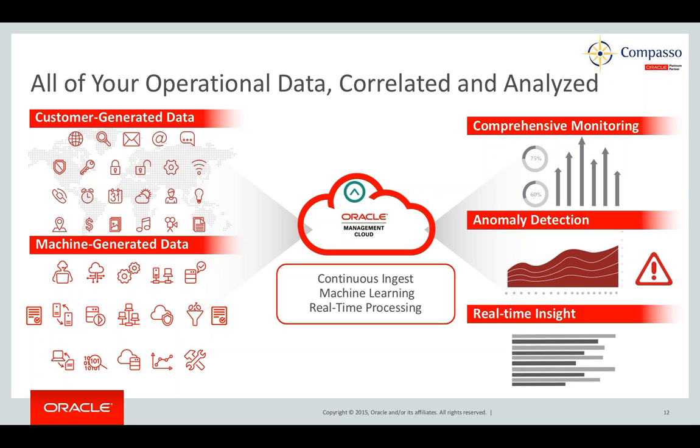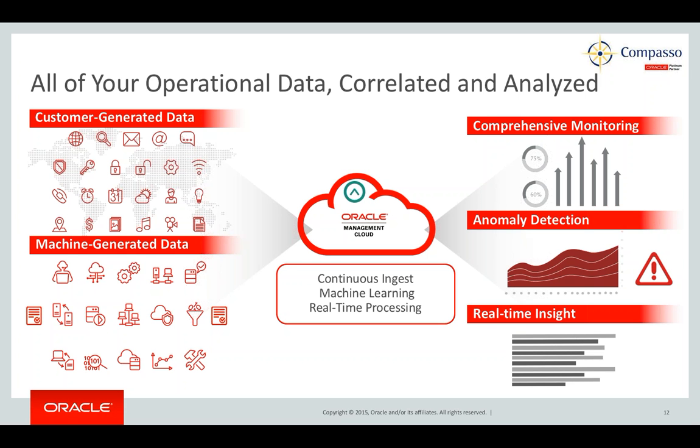So what you're doing here is basically taking all that information, feeding it up into the management cloud continuously, going through a secure gateway. We'll talk about those a little bit in a second. Going through secure gateways, securely being transferred up into the cloud, where the management cloud systems, in this case not your on-site systems, but your management cloud managed by Oracle, is doing the monitoring, identifying anomalies and alerting you to them.